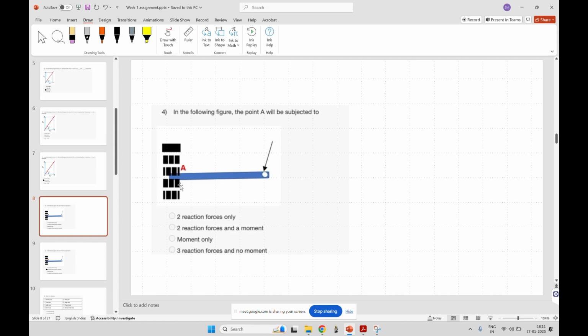So there are two reaction forces, Rx coming in the x direction, Ry in the y direction, and there is a moment that is also there because it's stuck to a wall. So the answer would be two reaction forces and a moment.